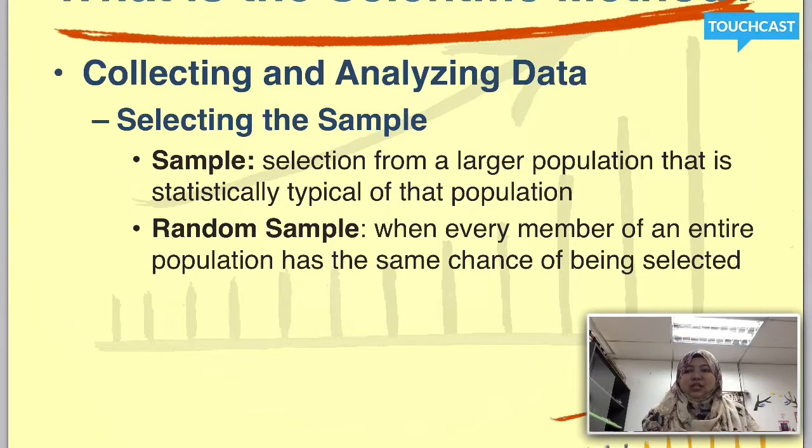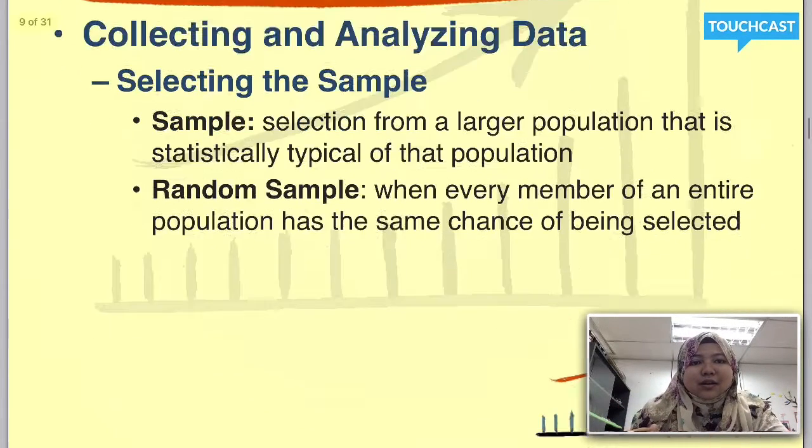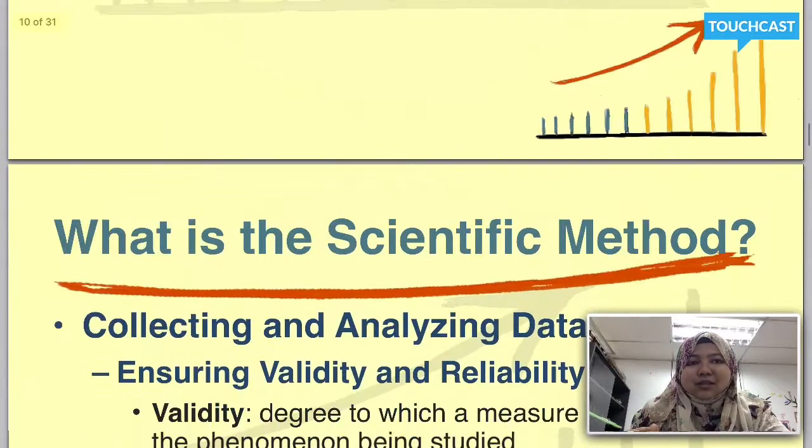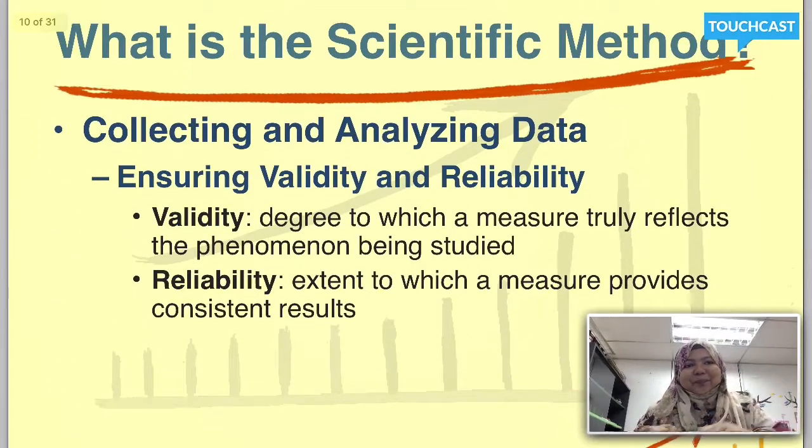You can use batch ACT 14 for your sample, and in ACT 14 you can randomly pick which ones you want to use as your sample or respondents. Alright, so this is what a random sample is.